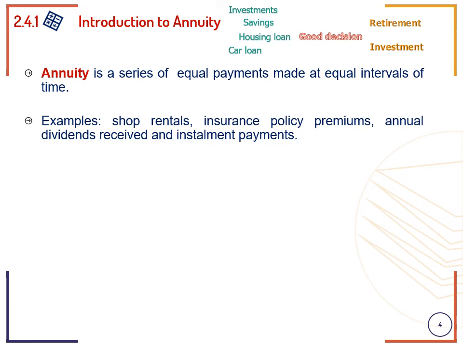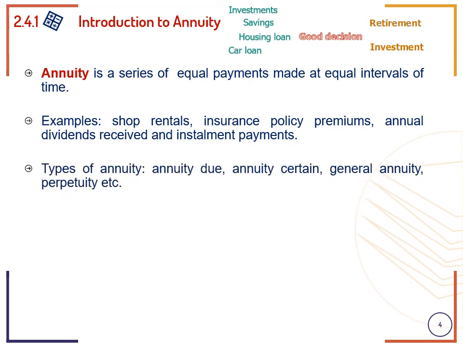In each case, equal payments are deposited or paid periodically over time. Annuities can be classified into many classes, including annuity due, annuity certain, general annuity, perpetuity, and others.